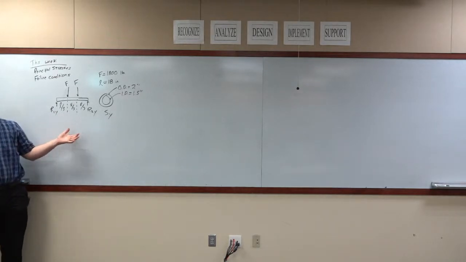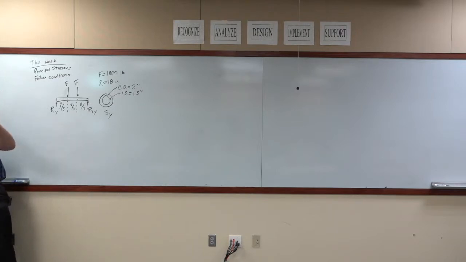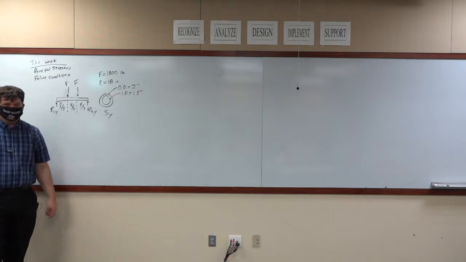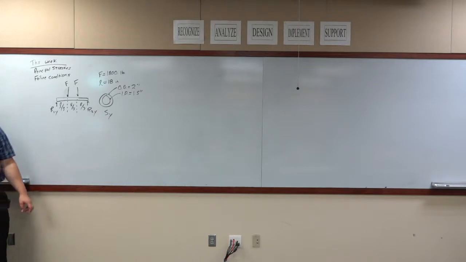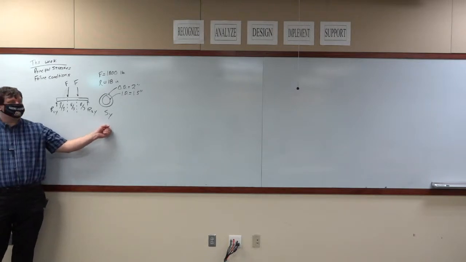What's the difference between ductile and brittle materials? Plastic deformation. Plastic deformation in which material? Brittle is not, and then ductile, there is plastic deformation. Yes. In ductile materials, you will have a plastic deformation.